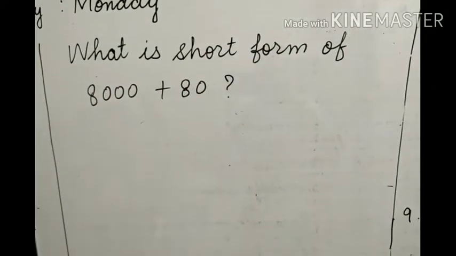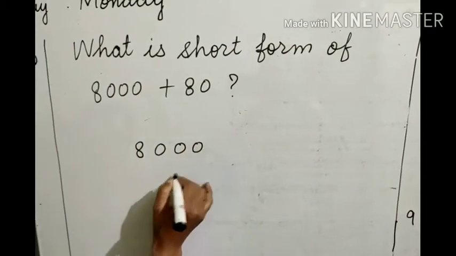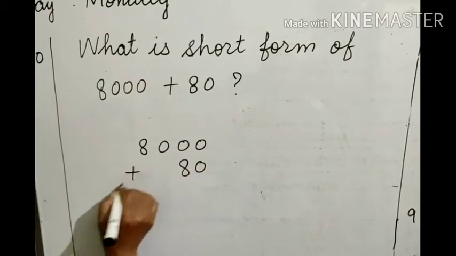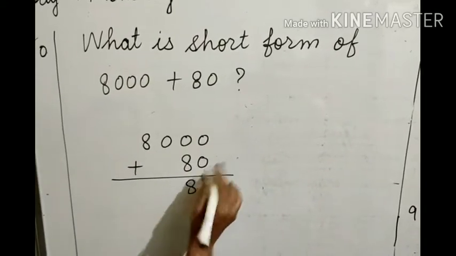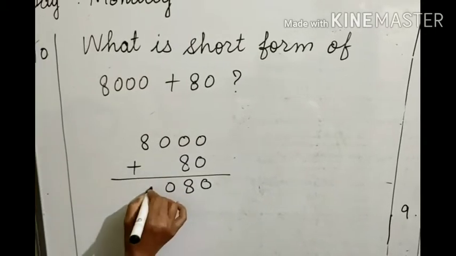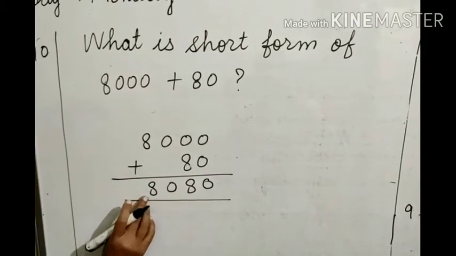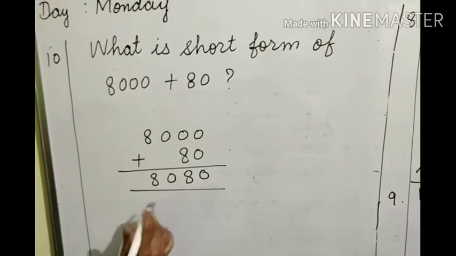What will we do to solve it? We arrange the numbers in columns and add. 0 plus 0, 0. 0 plus 8 is 8. 0 will remain the same as there is nothing to add. 8 will remain the same. So our right answer is 8080.